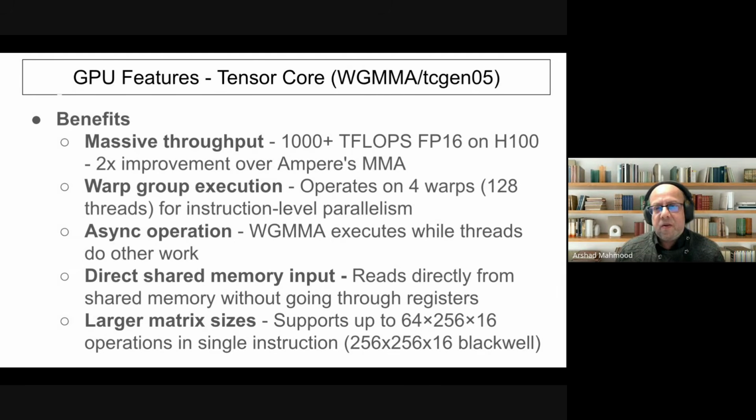And finally, the tensor core. This is a hardware unit to do matrix multiplications, quite large matrix multiplications. It's asynchronous. There are some assumptions it makes about where the data is, as to whether it's in shared memory or in registers. This is really one of the most critical technologies to make matrix multiplications super fast on modern GPUs.